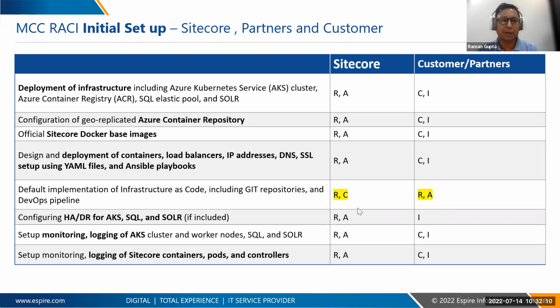Whether it be the deployment of the new infrastructure or configuration of ACR or any other configuration, Sitecore will just do it, and they will just inform the partner team. The only thing here is that if there is any DevOps pipeline or any other implementation like a Git repository, they may ask the customer or partner team to be included, but otherwise mostly this is on them.